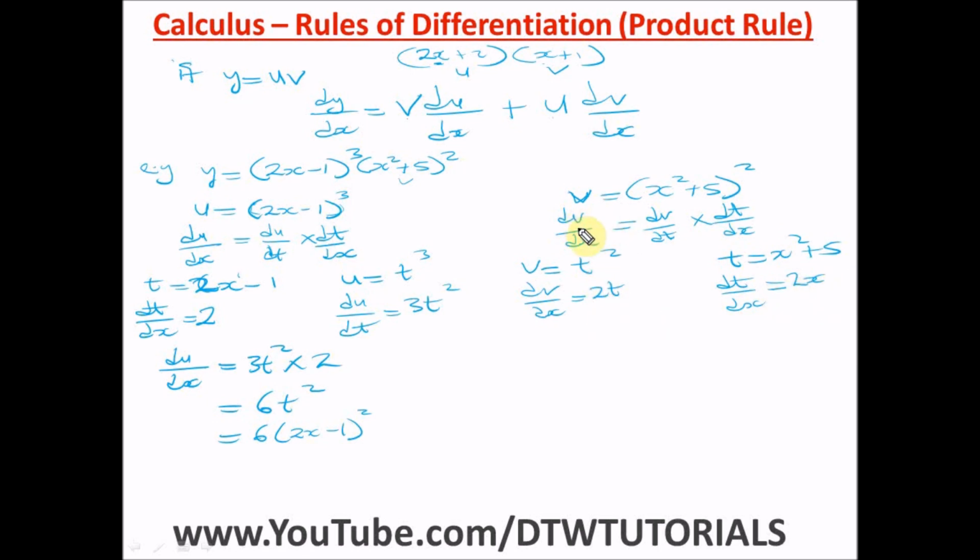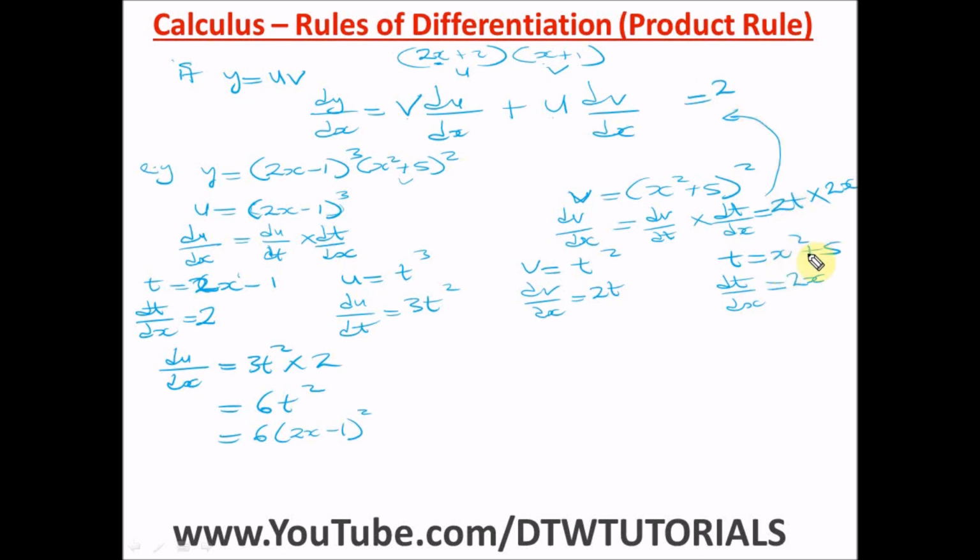So definitely our dv dx is equal to what? dv dt, which is 2t, times dt dx, which is 2x. So what would this give us? Let me write this up here. So this will give us 2. What is our t?